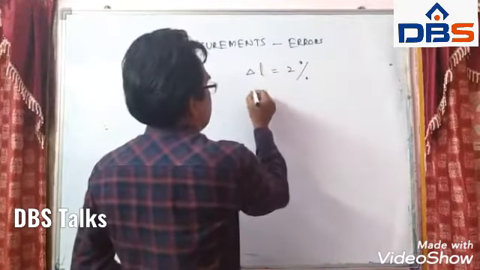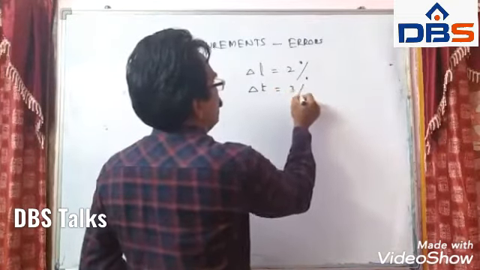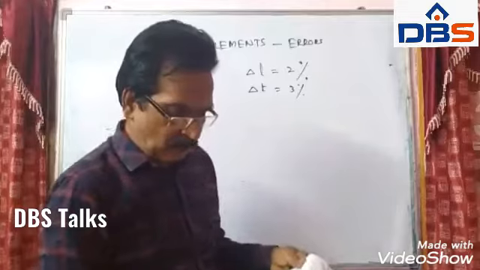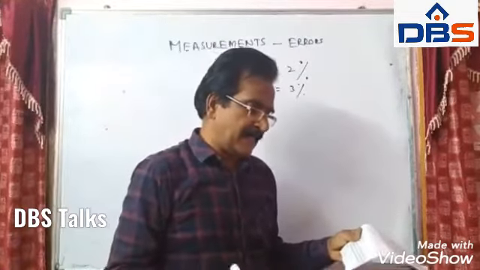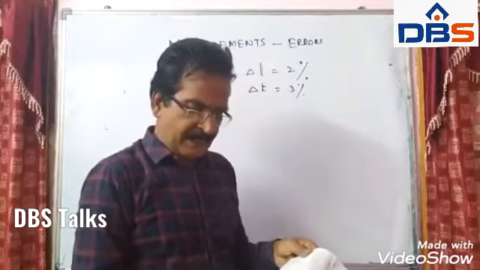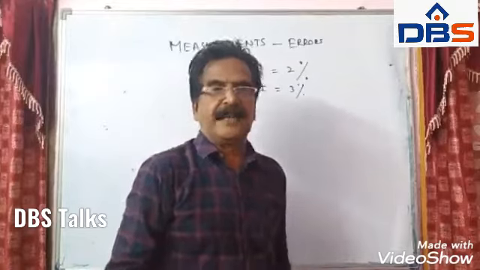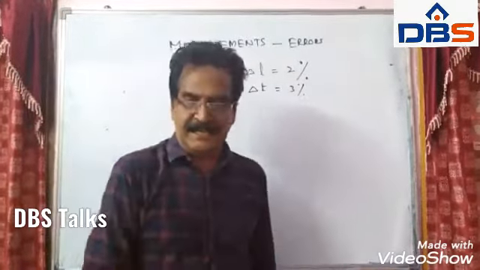Delta L is 2% and delta T is equal to 3%. Then the maximum percentage error in determination of the acceleration due to gravity G is? So we have to find delta G.